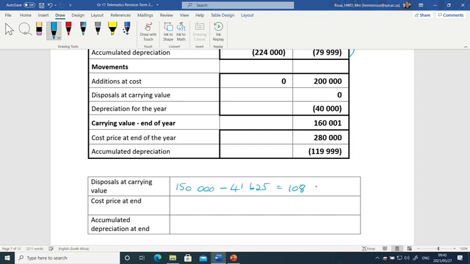So 108,375. Disposals that will decrease the carrying value, therefore in brackets. They gave us the depreciation, the 5,400. That will also decrease the carrying value, therefore in brackets.